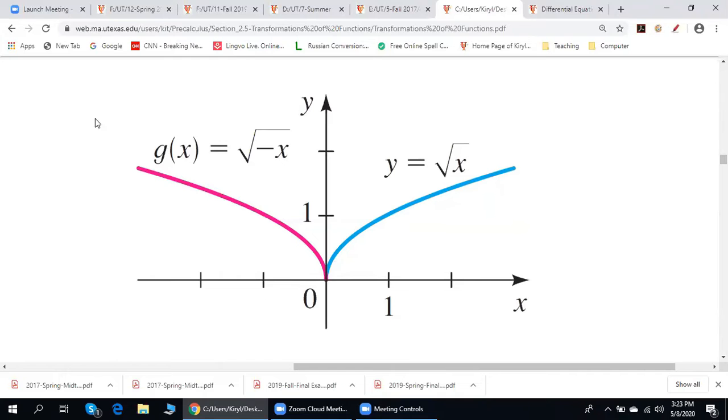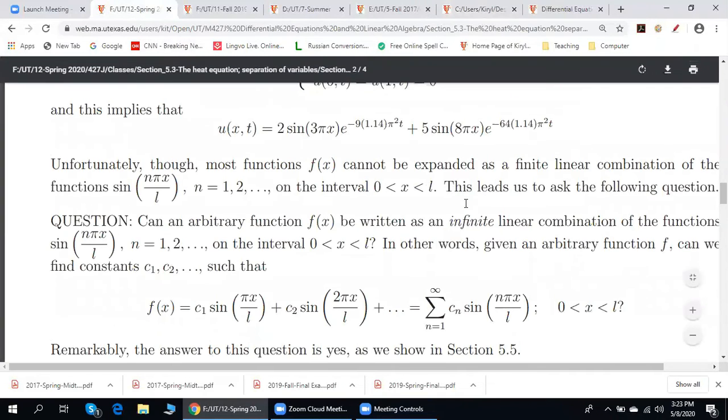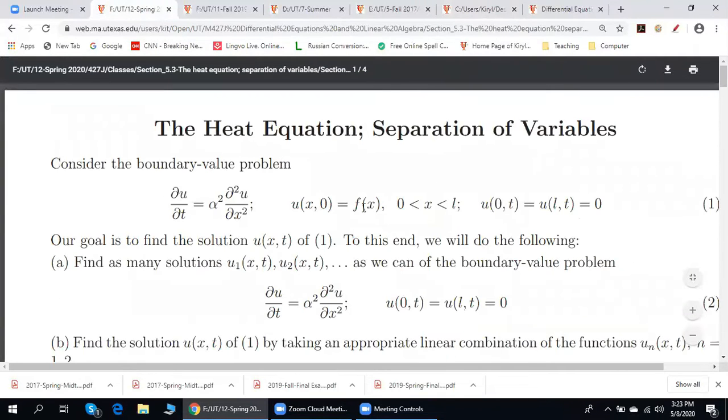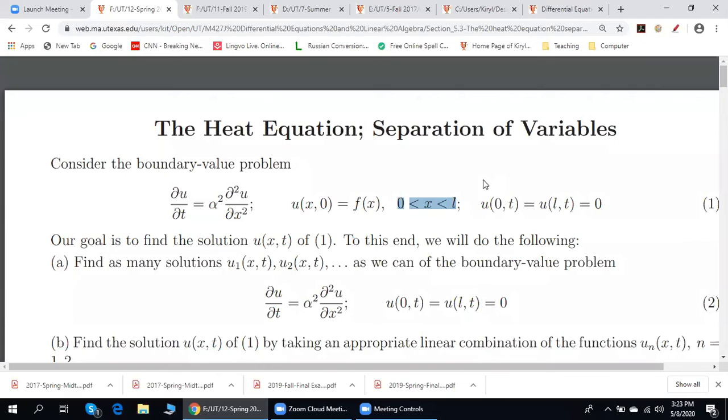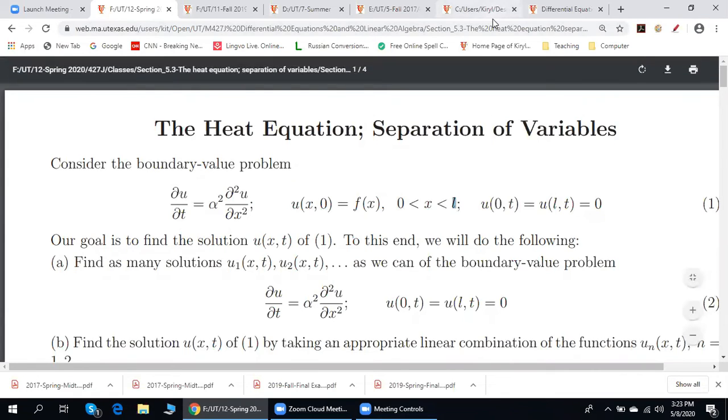Let me put pieces together. In the heat equation, we have some function which is defined on the interval between 0 and L. Step 1. Consider a new function g of x, which is defined on the interval between negative L and L, and the graph of which is the following.